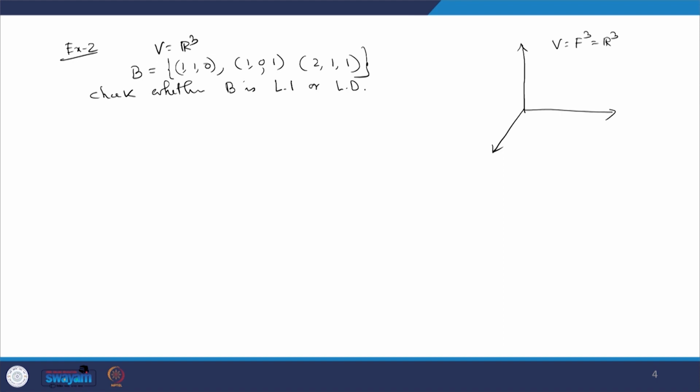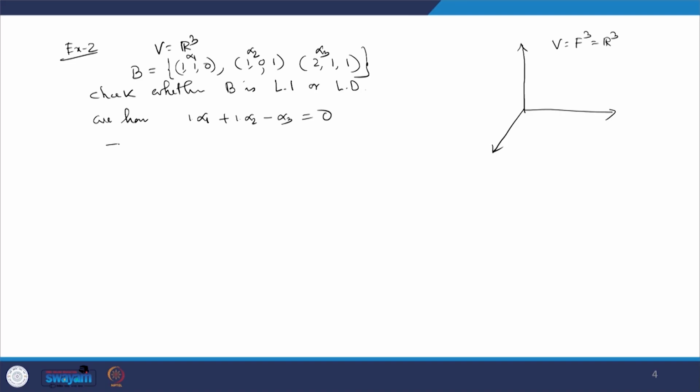Okay. So, suppose I give the names: this is alpha 1, this is my alpha 2, this is my alpha 3. If I give the names like this, we have 1 into alpha 1 plus 1 into alpha 2 minus alpha 3 equal to 0, because if I add these two vectors alpha 1 and alpha 2, I am getting alpha 3.